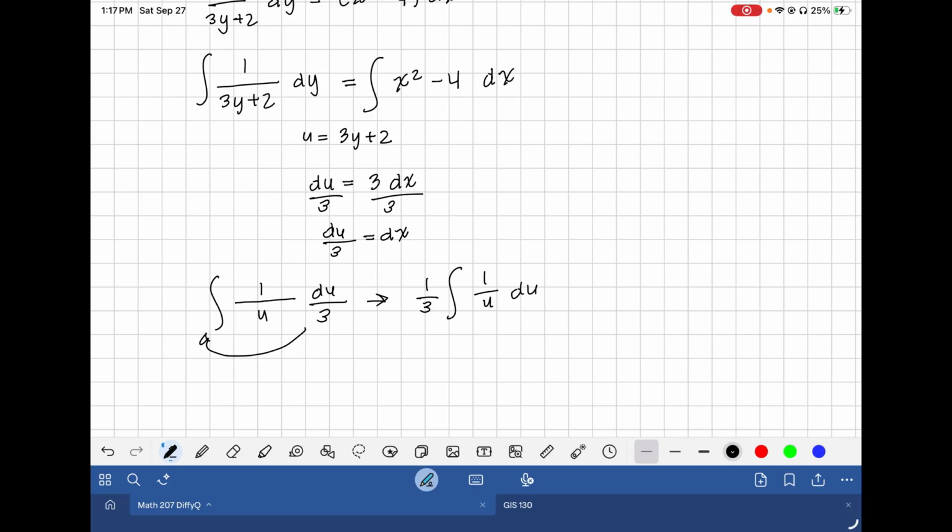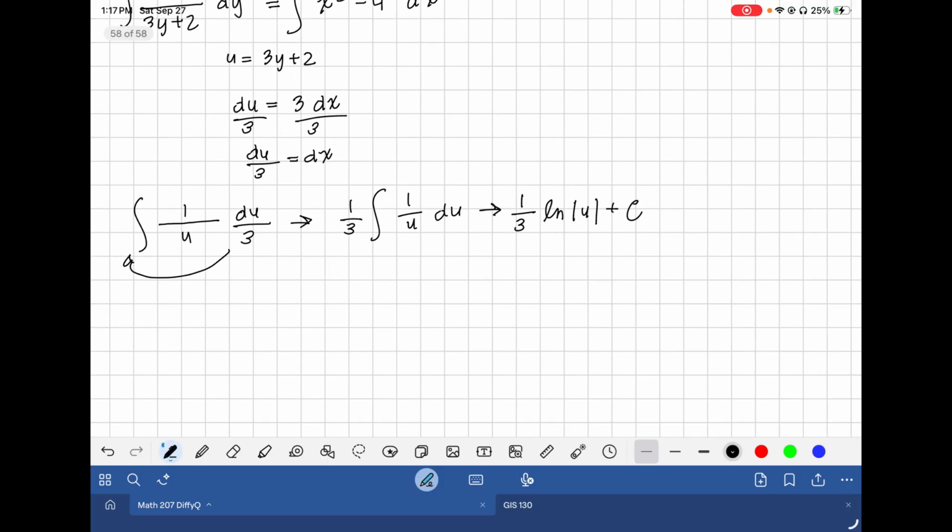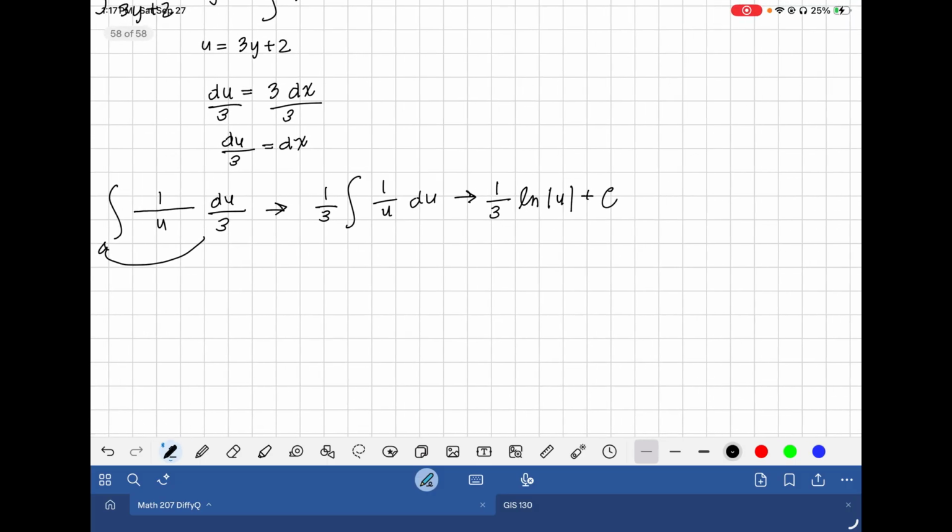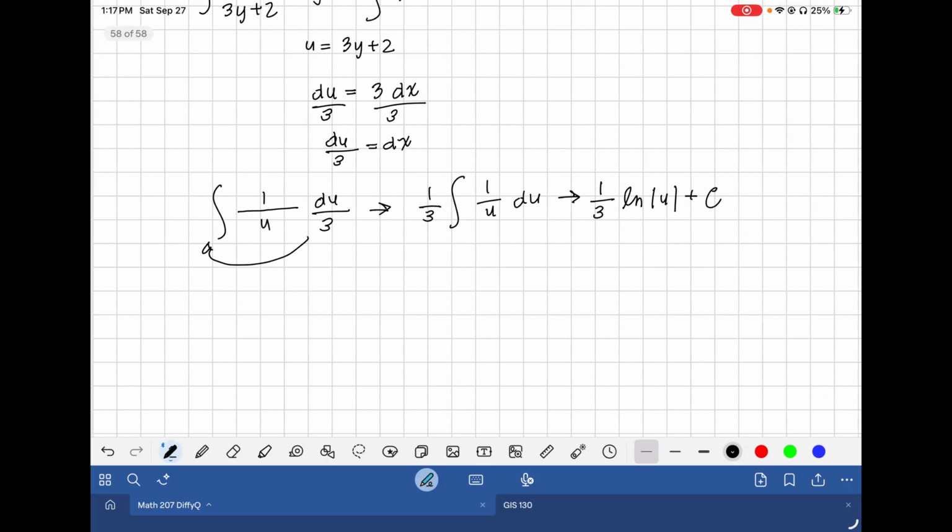Right? And so now we can take the integral of 1 over u, which is just going to be the natural log of u. So that's going to be 1/3 natural log of u plus c, which is just the constant variable. Right? And then now we can just substitute back the u.